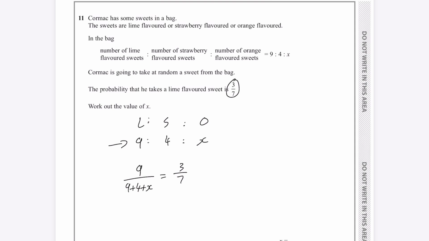Now we can solve this as an equation, so that'll become 9 times 7 is equal to 3 bracket 9 plus 4 plus X, which then can be written as 63 is equal to 3 bracket 13 plus X, which is 63 is equal to 3 times 13, which is 39, plus 3X. And then we can subtract 39 from each side, and that gives us 3X is equal to 24, and we can write X as 8.